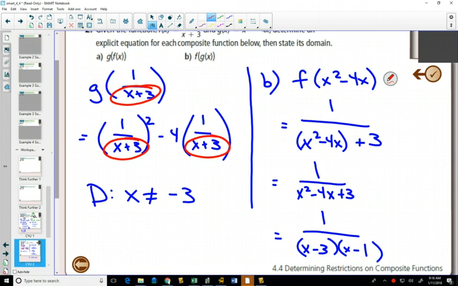But our practice question that we're going to do for this one, and we're going to do it together, is 6D.